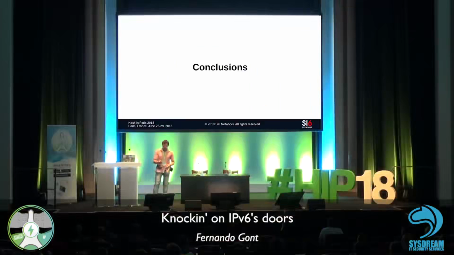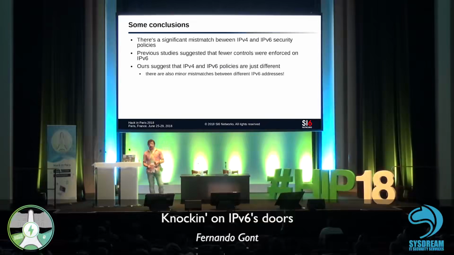So, conclusions. First of all, there is a significant mismatch between the security policies of the two protocols. In the initial slide, we were talking about something around 20%, or between 10 and 20%. Of course, whether that's enough or whether that's significant for you depends on your particular scenario, okay?